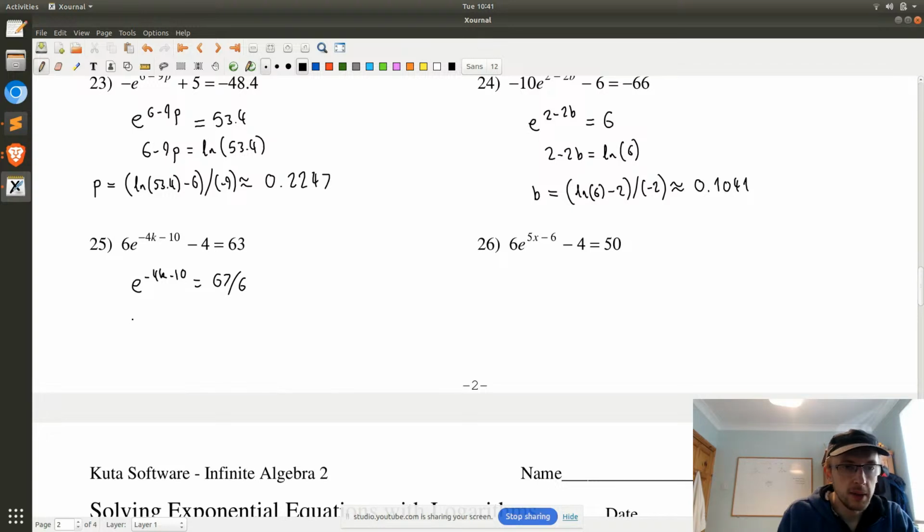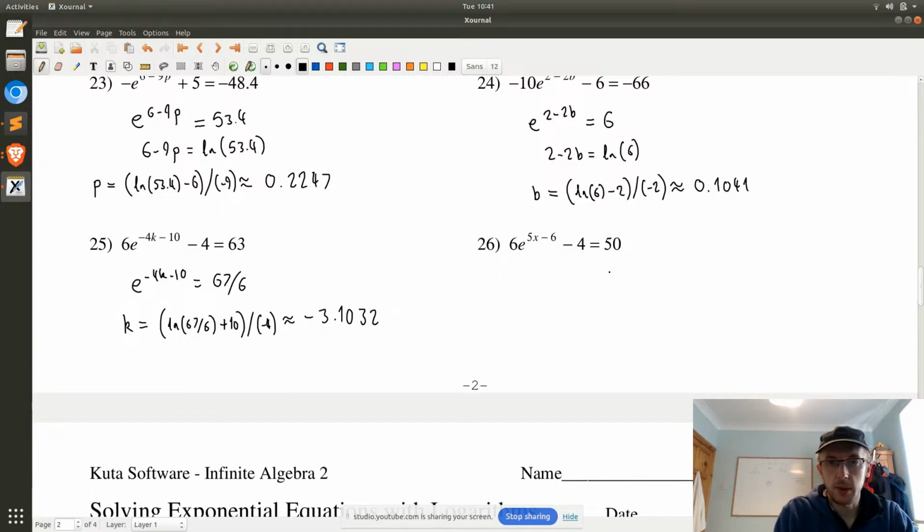Then add 10 and divide by negative 4. So we get negative 3.1032.